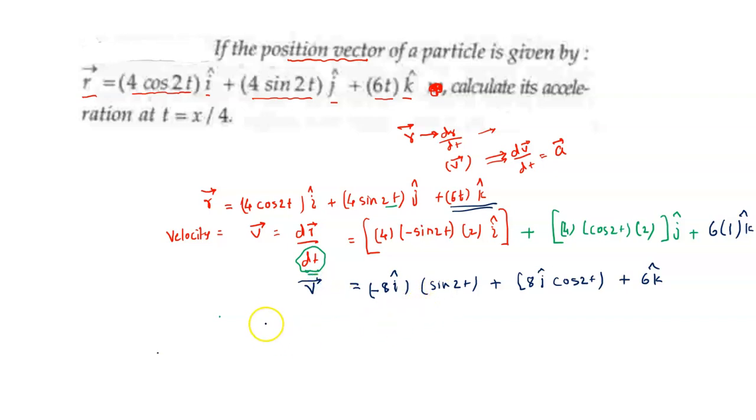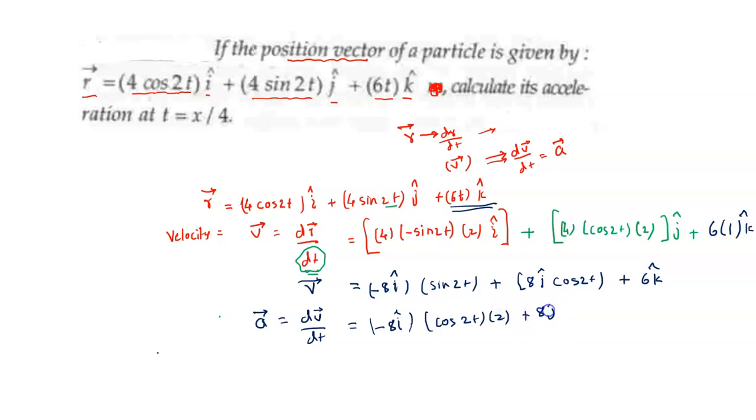Now let's go for acceleration. Acceleration a bar is equal to dv bar upon dt. So what is dv bar upon dt? We have minus 8 i hat sine 2t plus 8 j hat cos 2t plus 6 k hat. The minus 8 i hat remains as it is, working as a constant, and sine 2t becomes cos of 2t multiplied by 2.